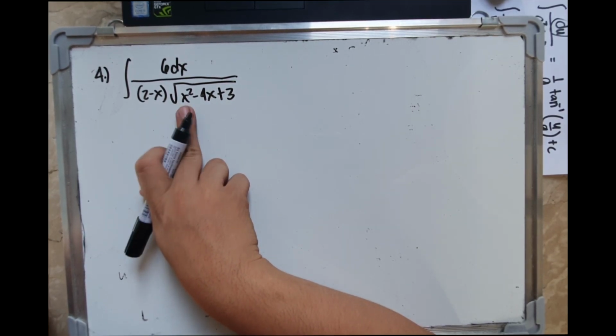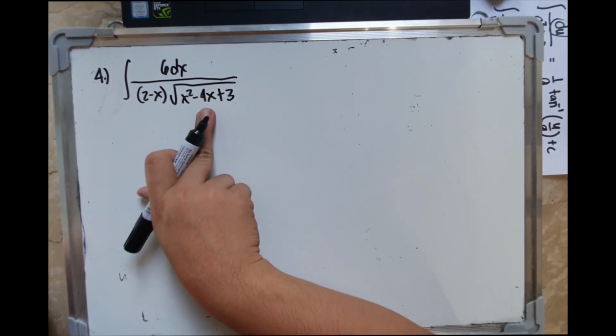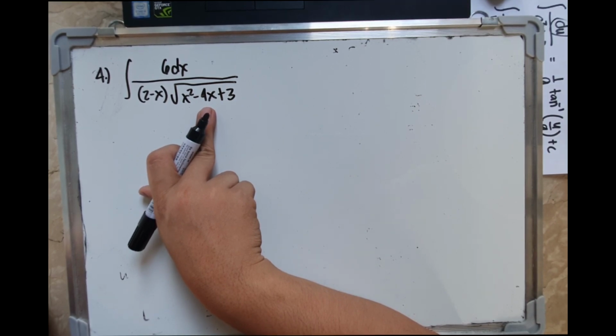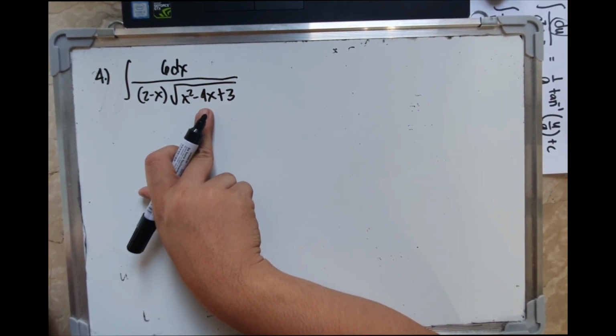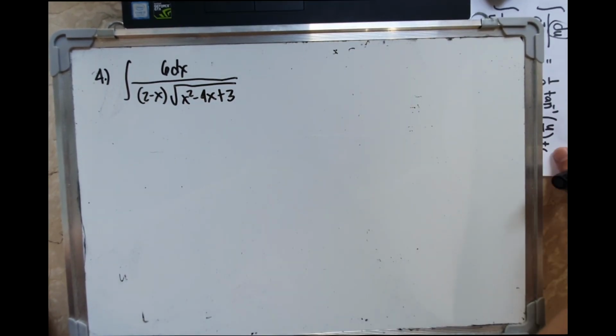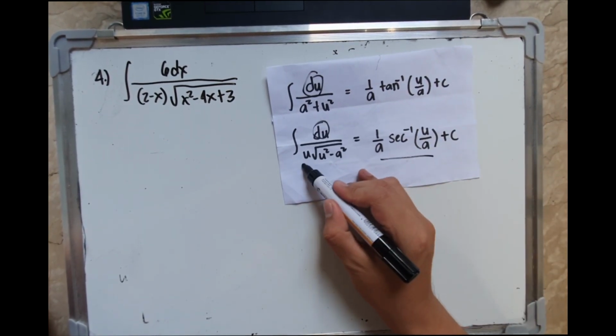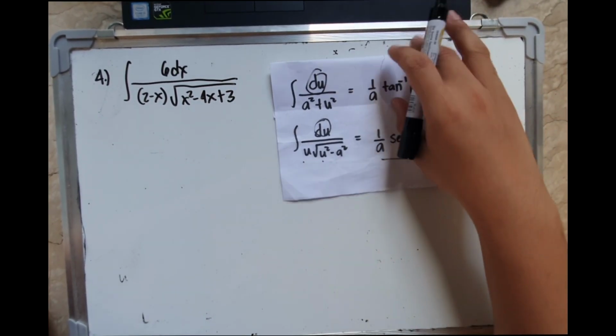We wish that this one has the u squared and this one has the a squared, but what is the purpose of this one? So again, we will be completing the square. And notice we have a square root and we have a quantity outside, then that must be part of the second formula. U outside, the u squared is inside.